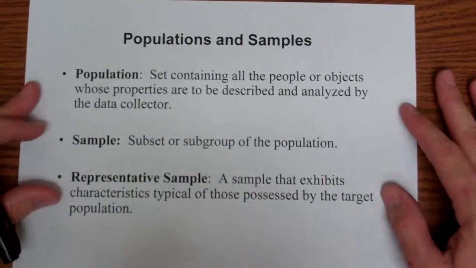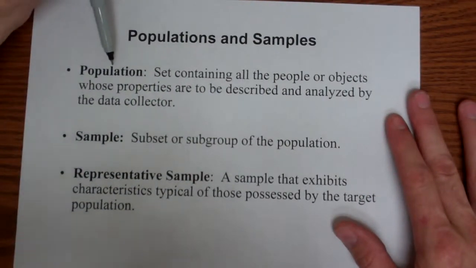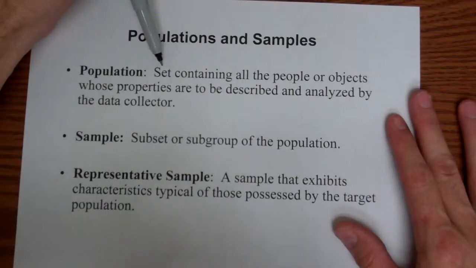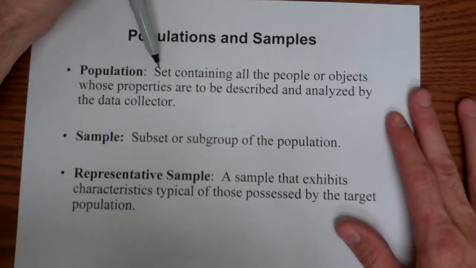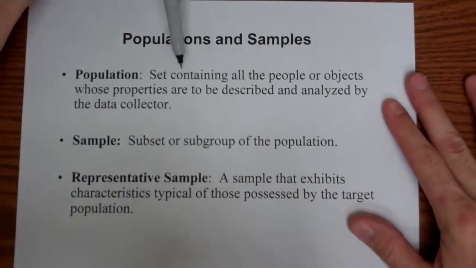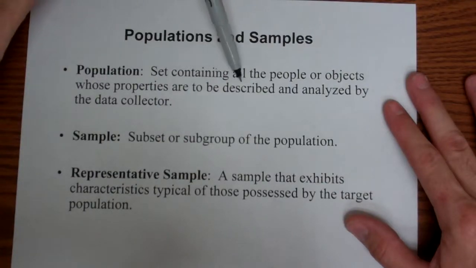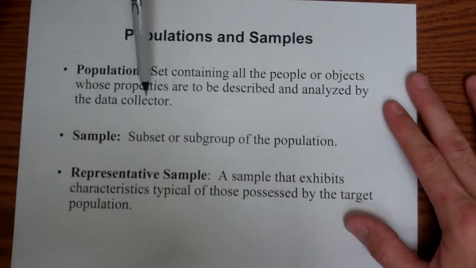And so now one of our objectives was to talk about populations and sampling. And so what is a population? A population is a set. All right, everything goes back to sets and the set theory that we did in the original chapter. Containing all the people or objects whose properties are to be described and analyzed by the data collector.